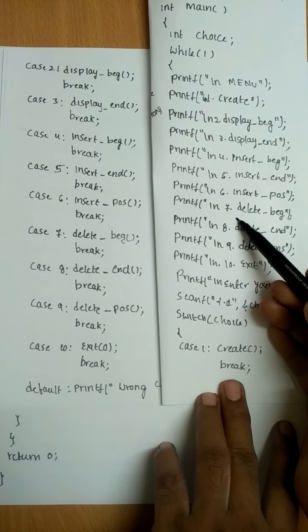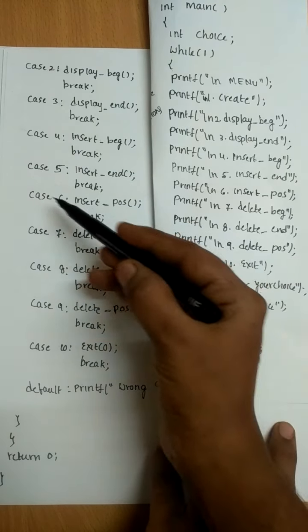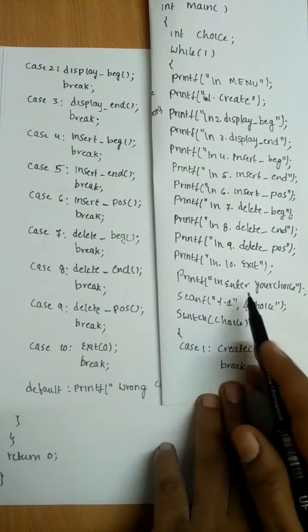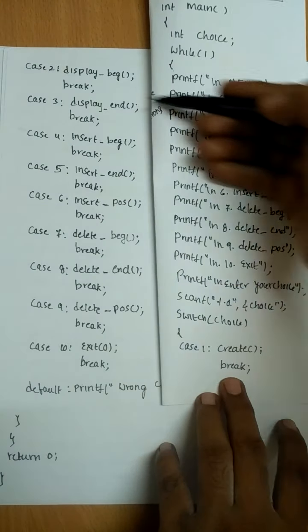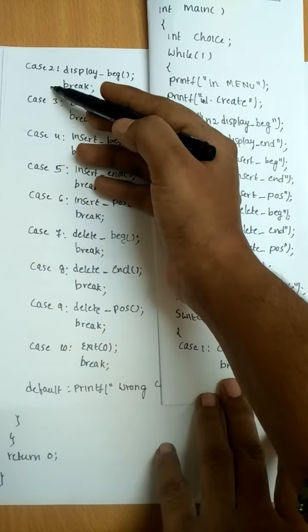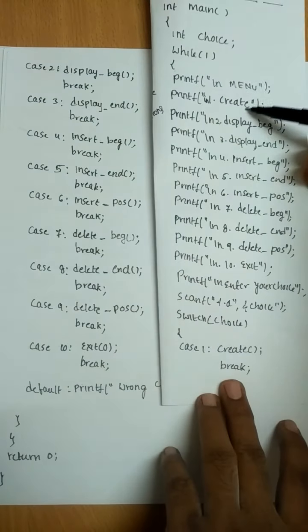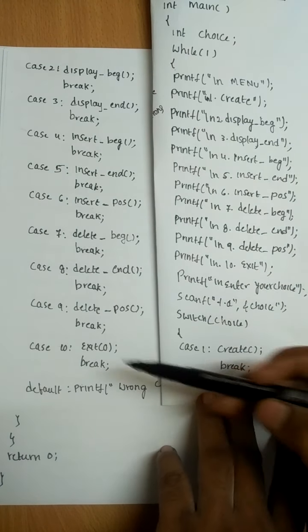If it is 7, we have to call the function delete at beginning. If our choice is 10, we have to exit the program. We have to exit from the program operation. So exit of 0. Like this, write the function calls for all operations by using the switch cases from cases 1 to 10 according to the menu.